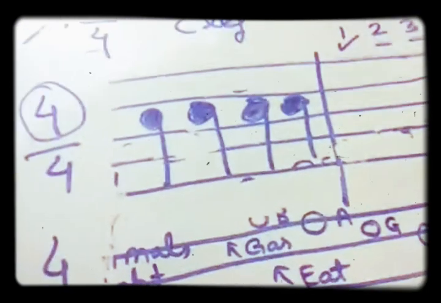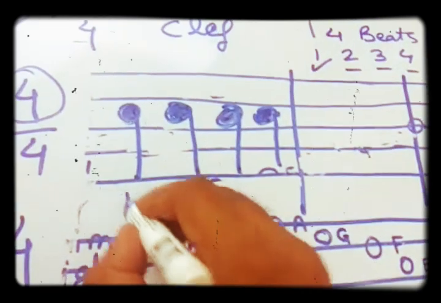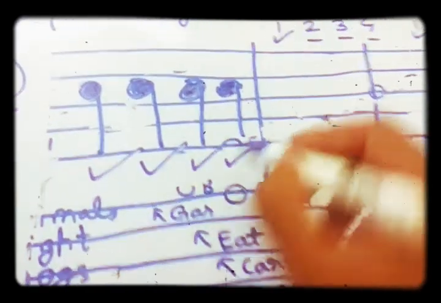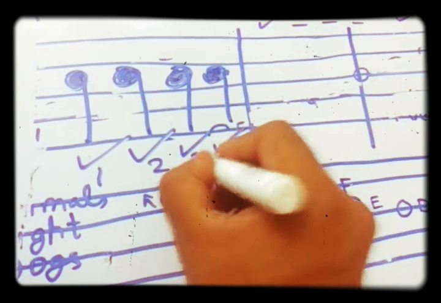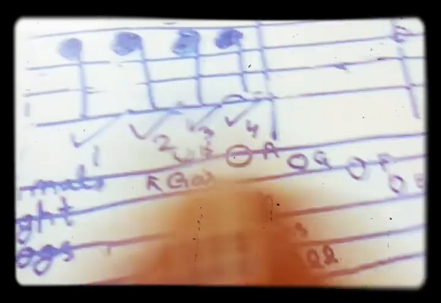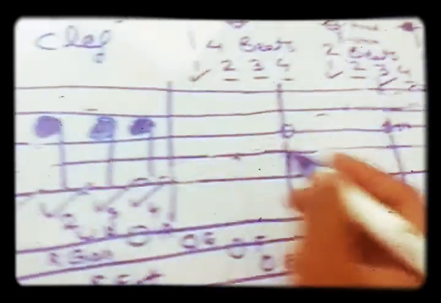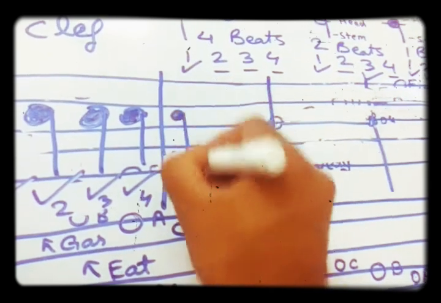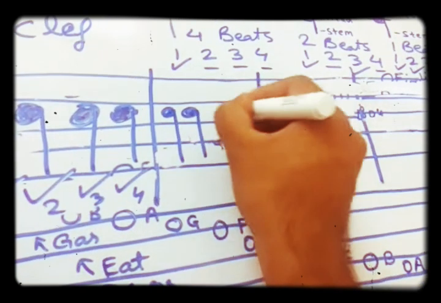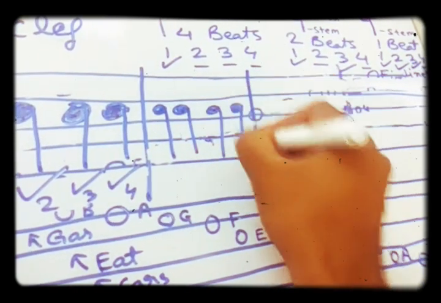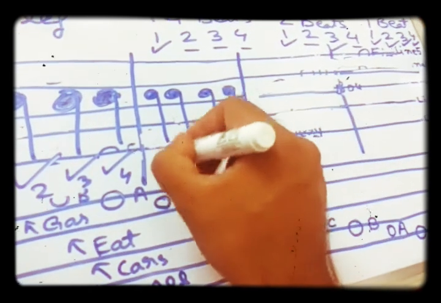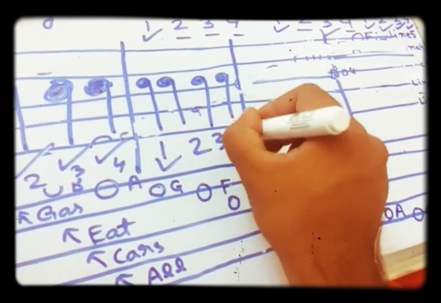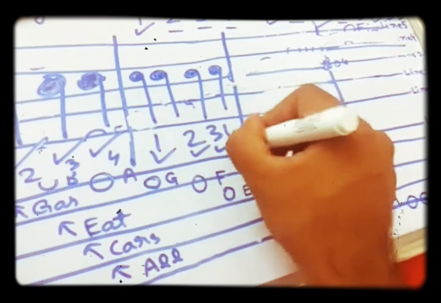Here we will play each note on each beat. So 1, 2, 3 and 4. The same way I'm putting more quarter notes here. 2, 3 and 4. So at most in one block we can play 4 beats.